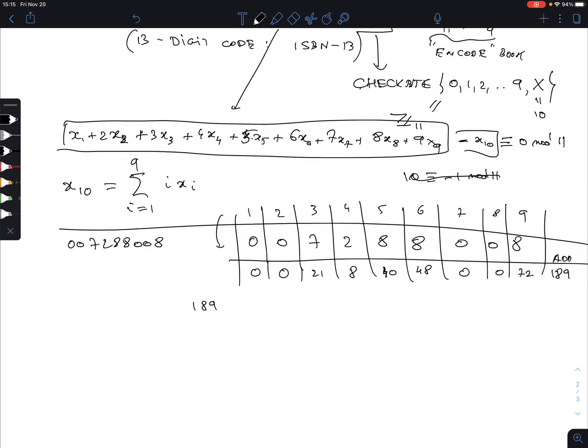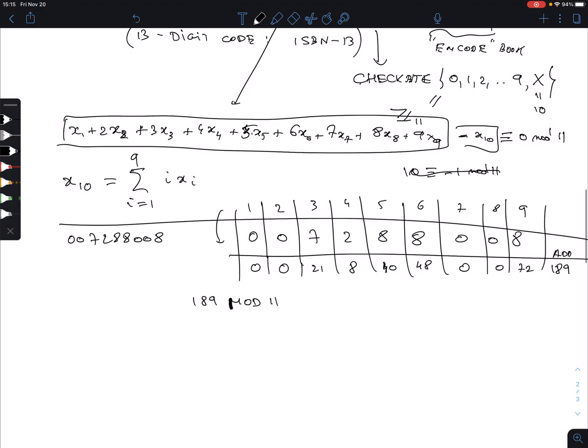Okay, so what is 189? I have to calculate 189 mod 11. I hope by now you see that there's very little difference between one mod notation and the other. They're different, but yeah. So 189 divided by 11, that is 17. So this is 17 times 11, which is 187.